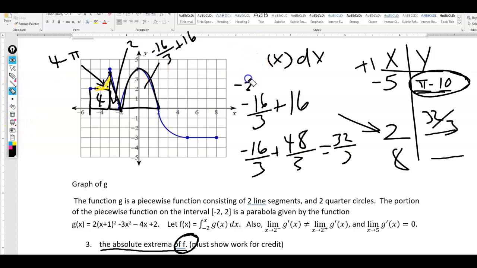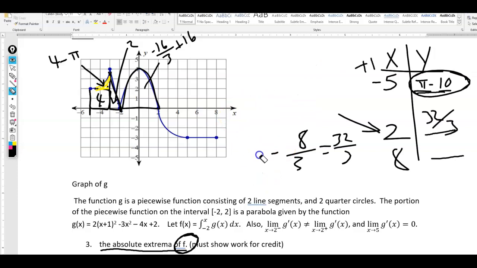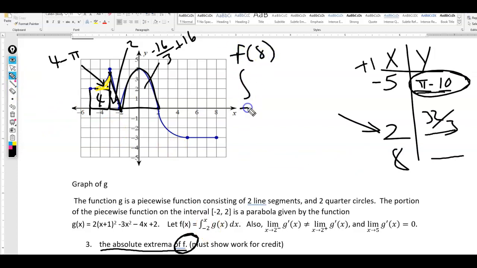The last one is we want to find f of 8. So f of 8 would be the integral from -2 to 8 of our g function. What that's going to include is the parabola, the quarter circle, and this little rectangle right here. That's going all the way from -2 to +8.